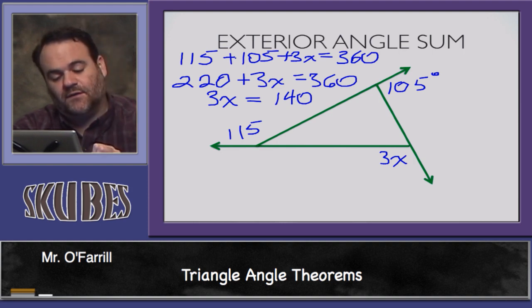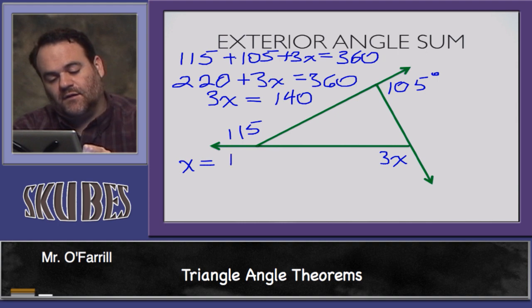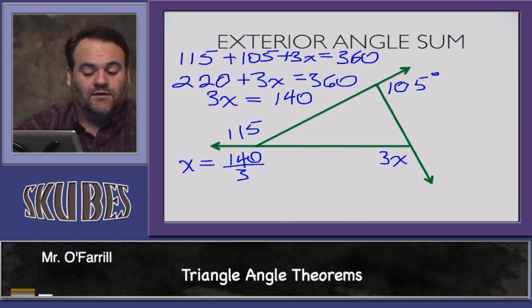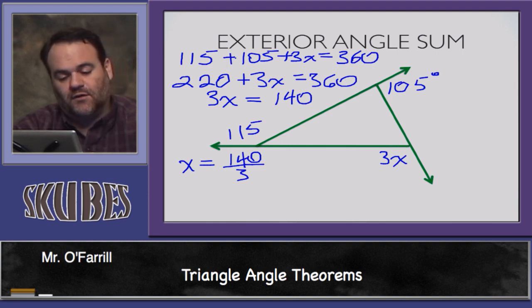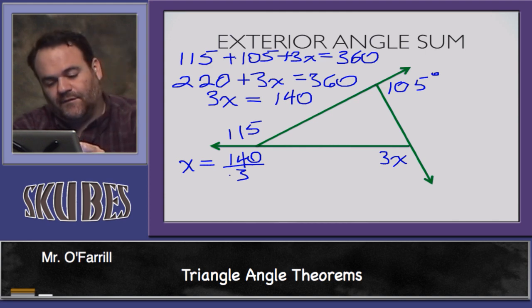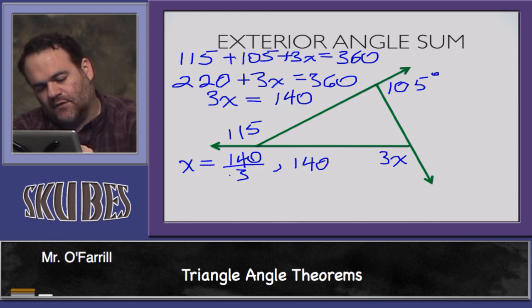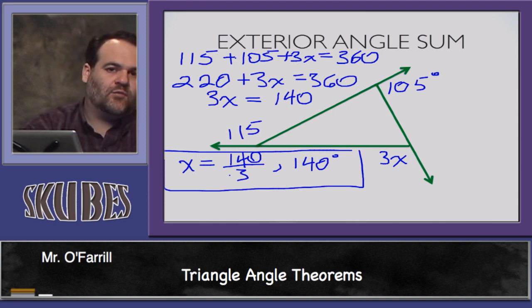Divide both sides by 3, and x, I'll go ahead and just leave it as an improper fraction, is 140 over 3. Now the factors of 140 are 2, 2, 5, and 7. There is no 3 involved, so we can't reduce that fraction any. So there's our value for x. If you plug this into 3x, you're going to get that the missing angle is 140 degrees. And those are the two answers we're looking for in this problem.